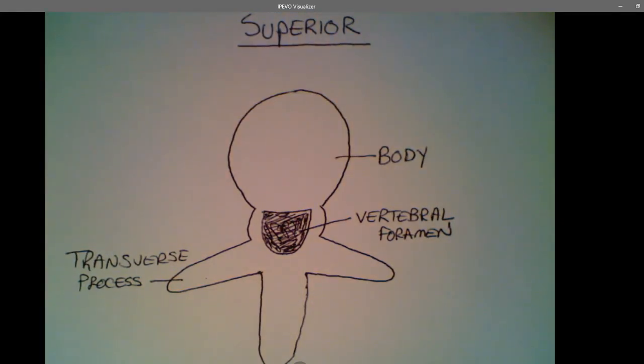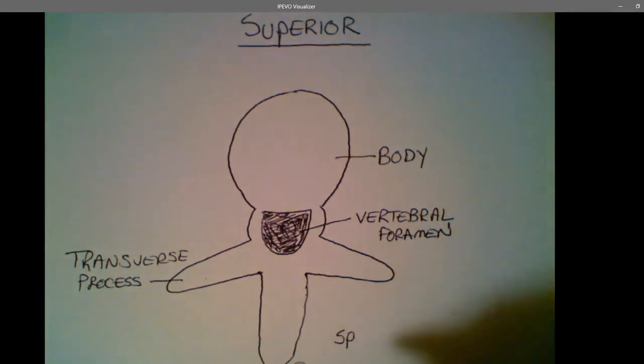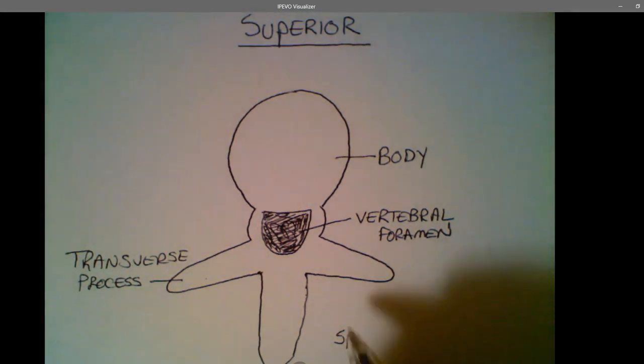And then we're going to have one in the back called the vertebral or spinous process. So I'll call it the spinous. I think your list, let me double check, yeah, your list calls it the spinous process.